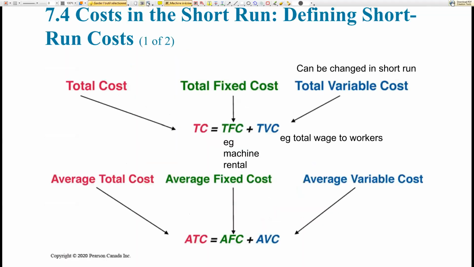Well, they don't show it to you, but it's this divided by Q.